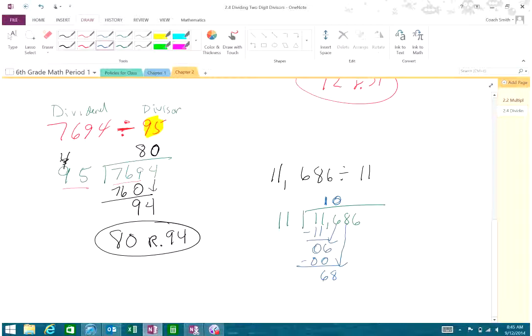Okay, 11 goes into 68. How many times? 11 goes into 68 how many times? 6 times. That would be 66. Remainder 2. Bring down my 6. Does 11 go into 26?